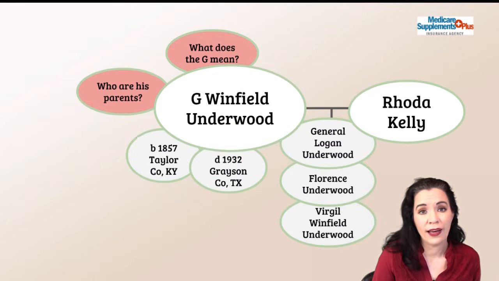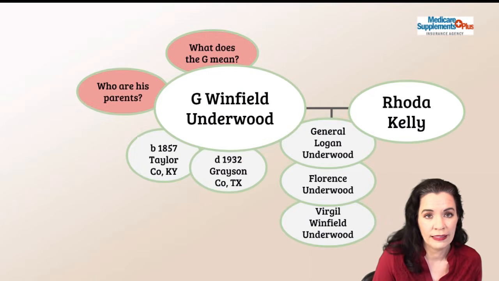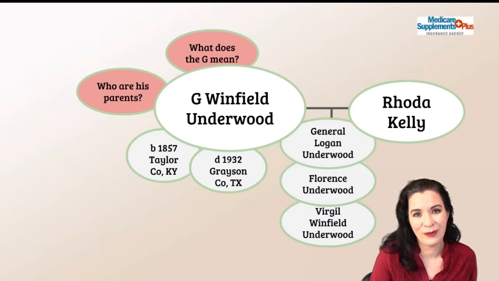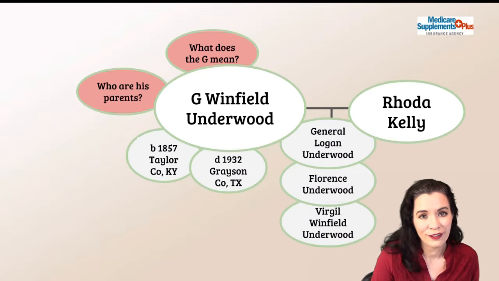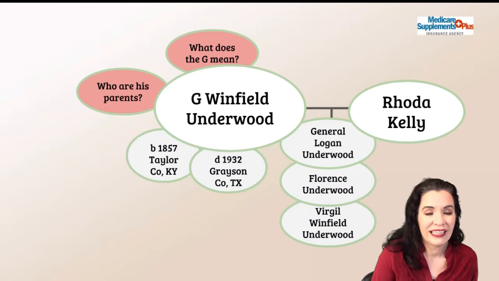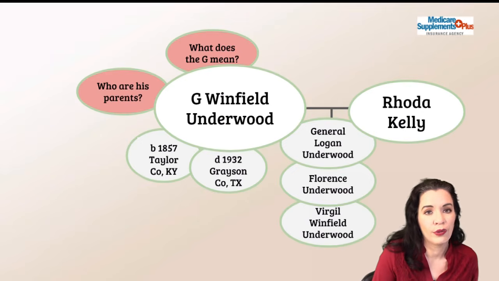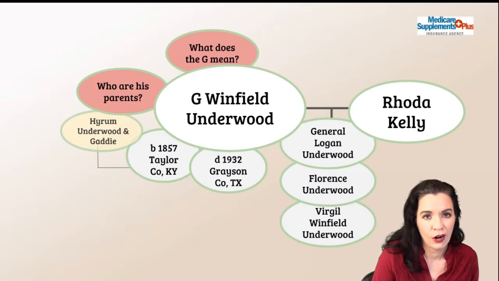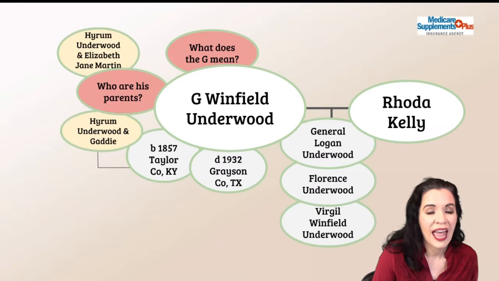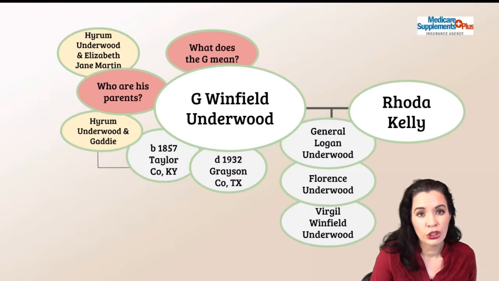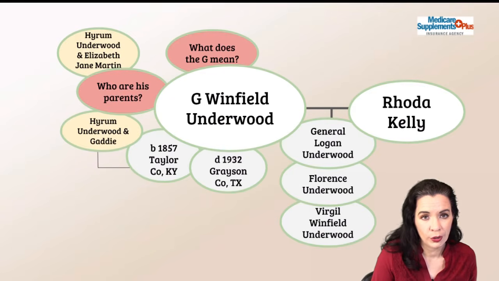Now we're going to go back to our clue web and add the clues for potential parents that we've discovered. One of the records that we discovered was a birth index, and it identified a set of parents and gave us the birth date and place for Winfield. Another record we had was not really a record, it was a suggestion. Someone in Family Search attached Hiram and Eliza Jane Martin to Winfield Underwood.